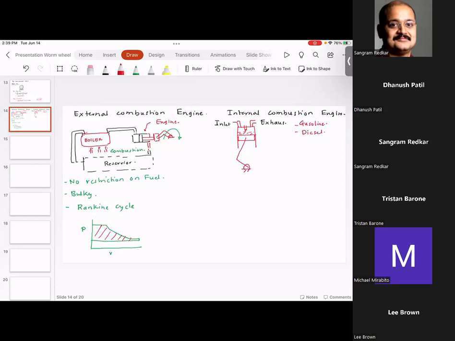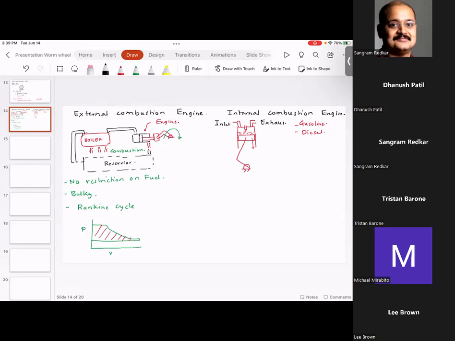You have a spark plug that ignites the air-fuel mixture, and after the ignition the work is done. So basically the piston is pushed down, and at the end of the expansion stroke, you have an exhaust stroke wherein the spent gases are thrown out of the exhaust port.